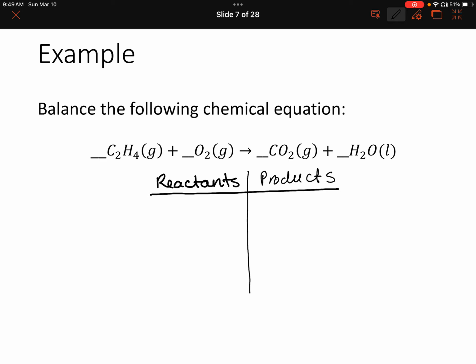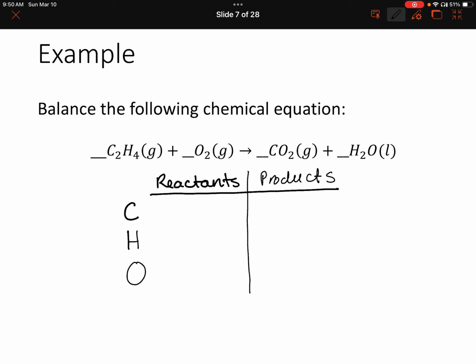And then they form carbon dioxide gas and water. So looking at the elements that I have here, there's carbon, hydrogen, and oxygen.